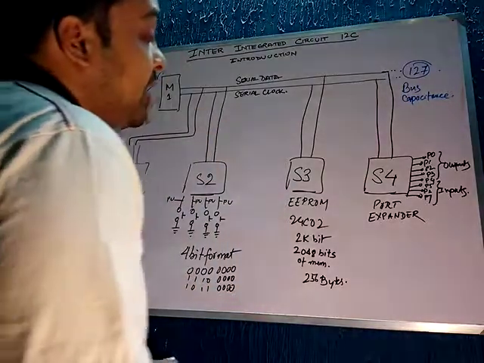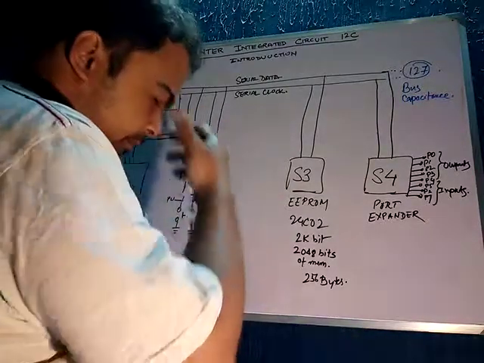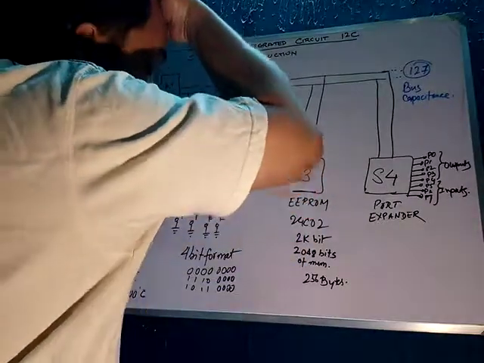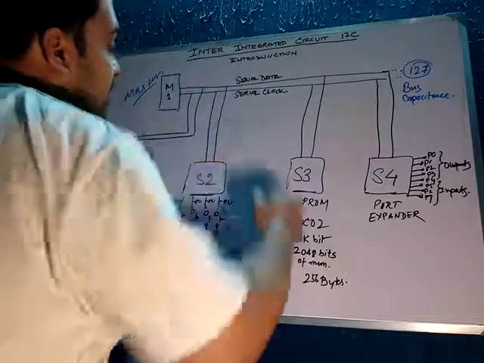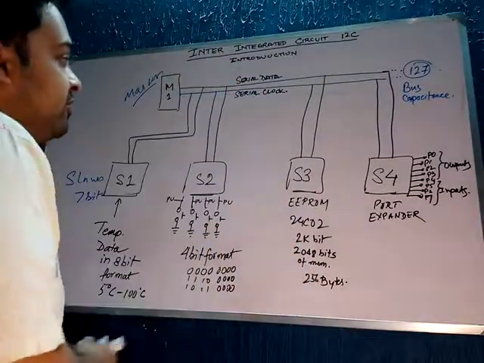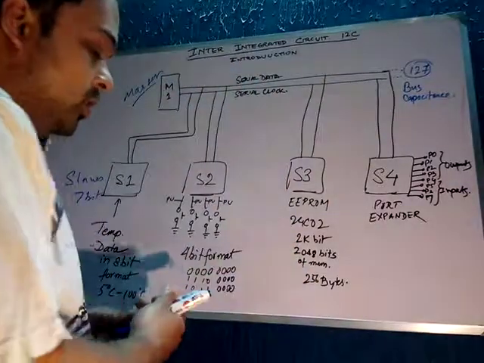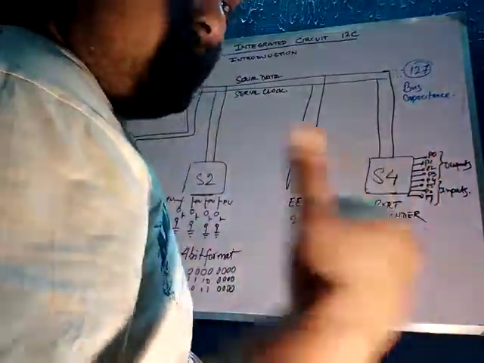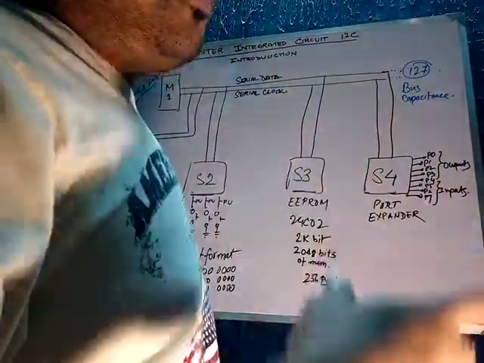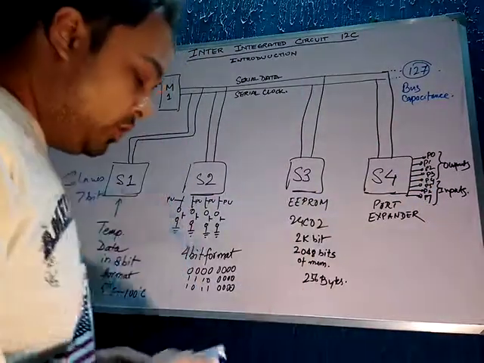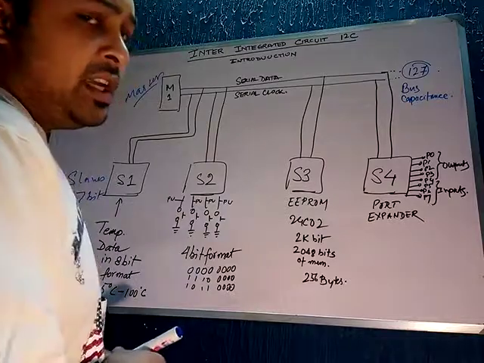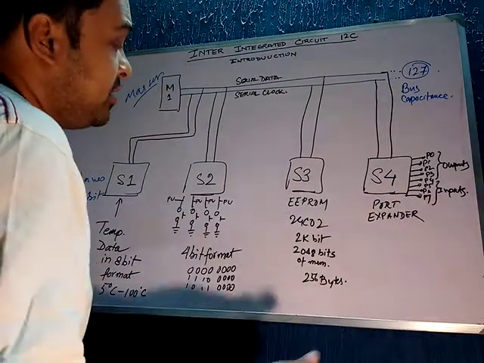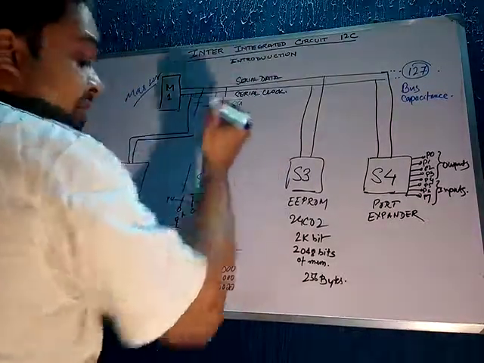And the other is that for sending the clock, for any kind of serial communication, I presume you've covered synchronous communication before moving into this video, the clock speed is very important.